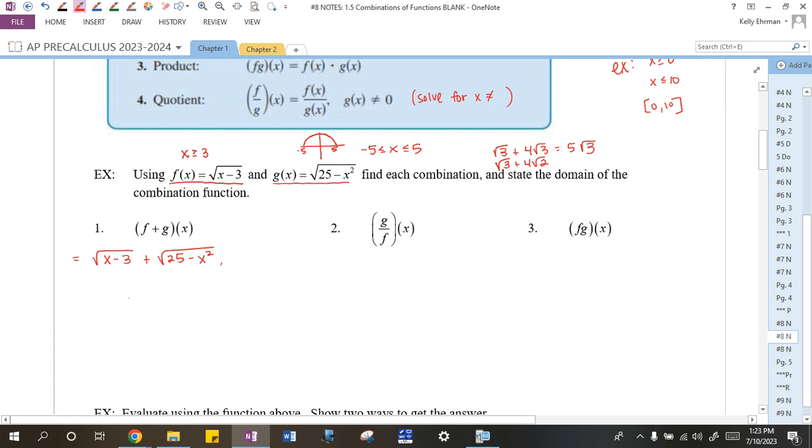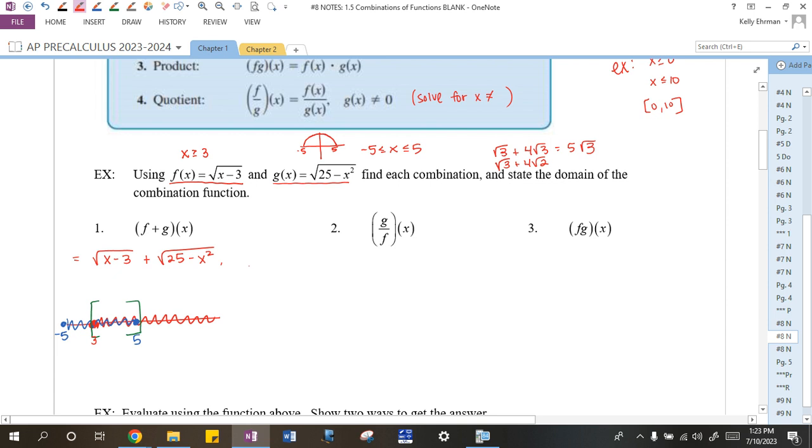The domain piece, again, we used f and we used g. Sometimes it helps to draw these on a number line. Here's 3. Here's the domain for f, anything greater than or equal to 3. g's domain is anything between negative 5 and positive 5. The domain of values that I'm allowed to plug into this combination function and keep both pieces defined is just the overlapping section between 3 and 5.